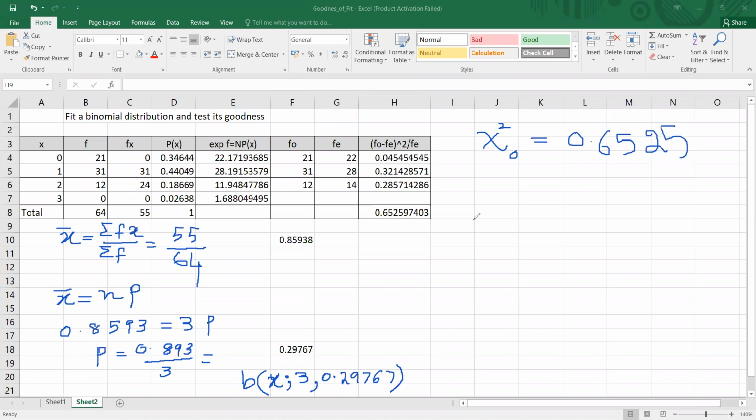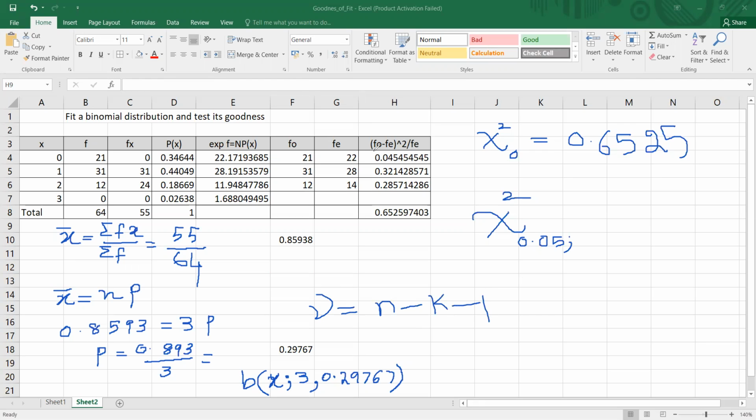Now we have to obtain the chi-square critical value at 0.05, at the degrees of freedom. Degrees of freedom will be what? Degrees of freedom will be n minus k minus 1.